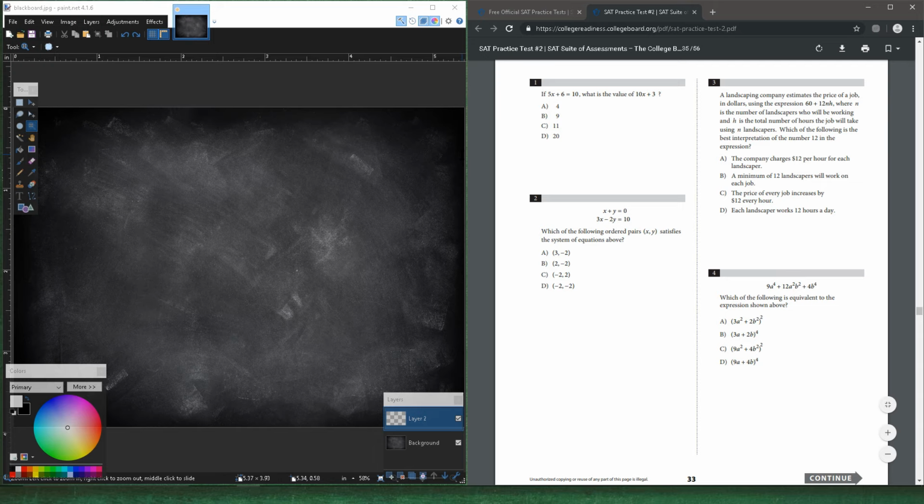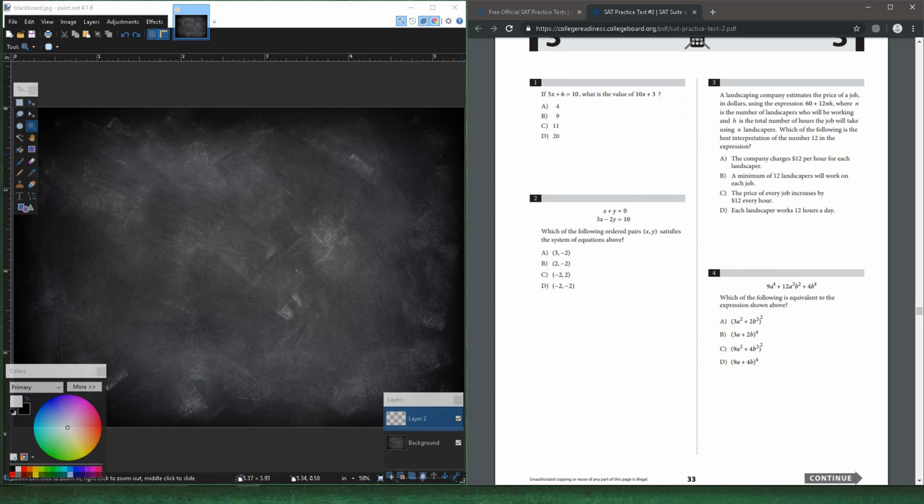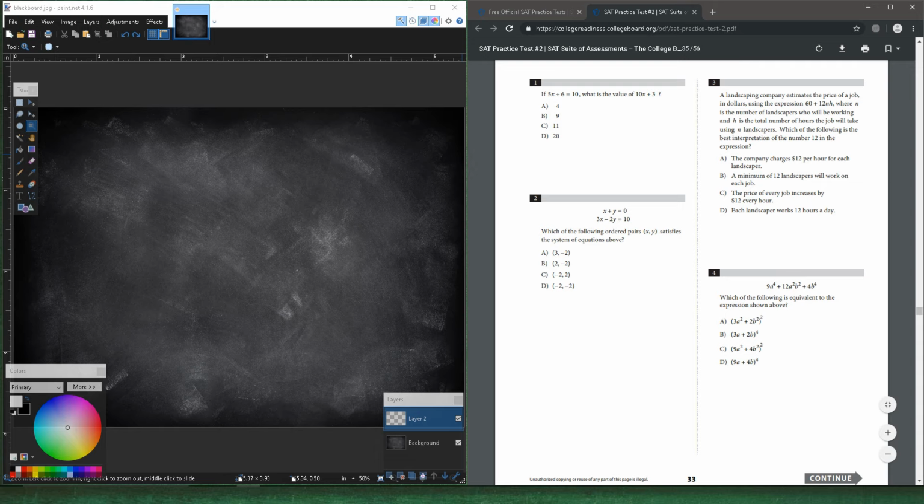Technically, since this is a to the fourth, it's either going to be x minus y times x plus y, or it's going to be x plus or minus y, to the power of 2. Since both of these are plus, it's telling me that it has to be a squared answer. Also, the answer choices are telling me that.